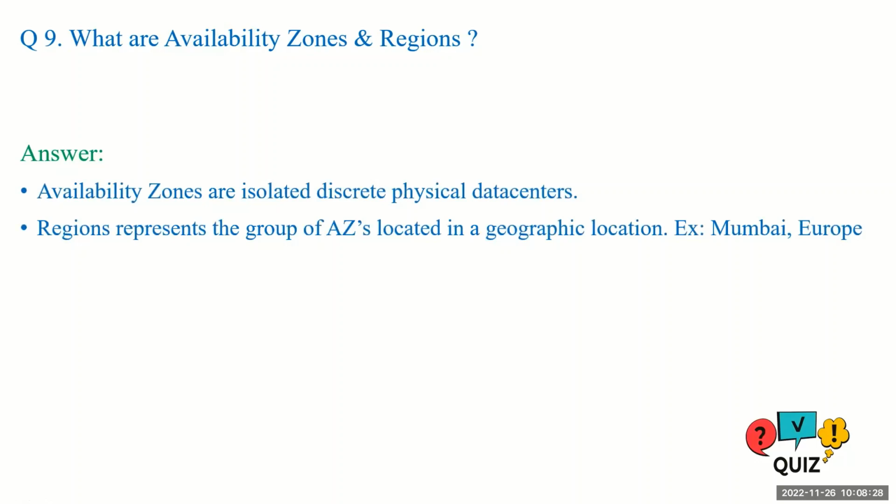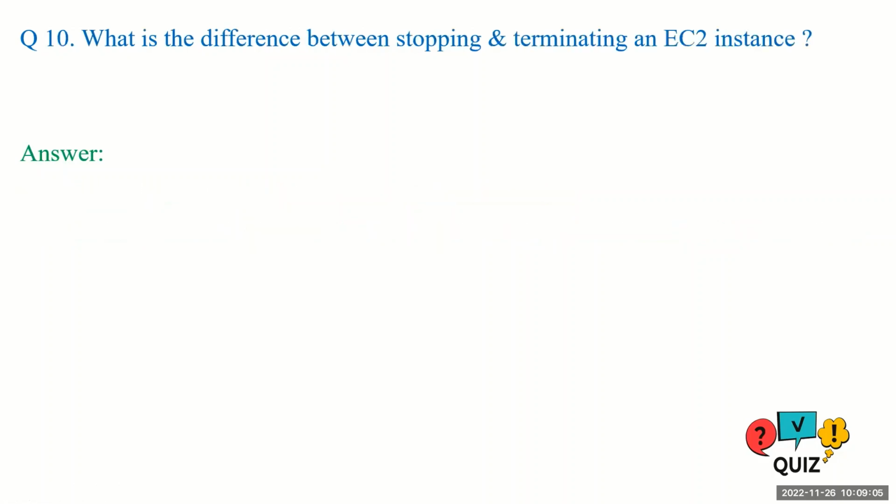It is the independent individual data center that is an availability zone. Regions represent the group of availability zones located in a geographic location. Say, for instance, Mumbai region, Europe region, Asia Pacific region. In that region, there could be 3 or 4, 6 data centers. Each of these independent data centers are referred to as availability zones. The group of these availability zones represents a region. All right, good attempt. Let's move on to the next one.